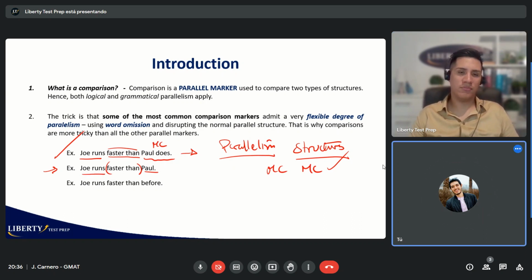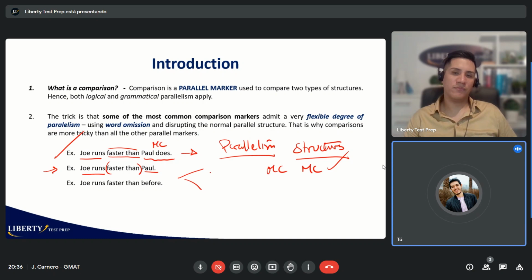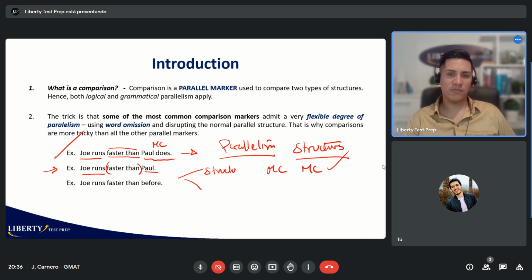There are 2 types of parallelism. What are the 2 types, or 2 ways to make something parallel? Structure and what else? And logic.